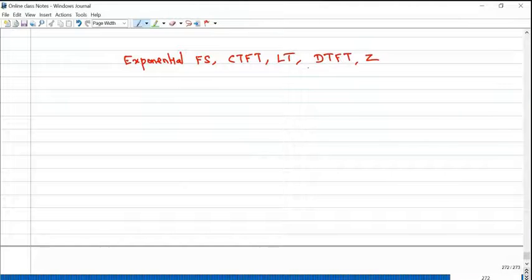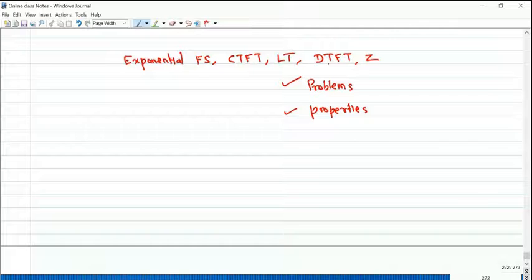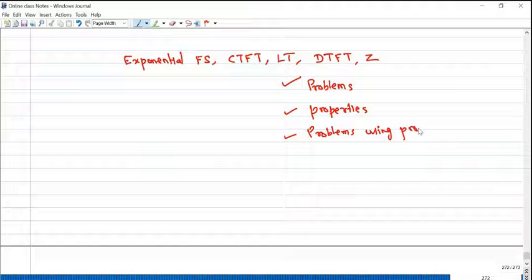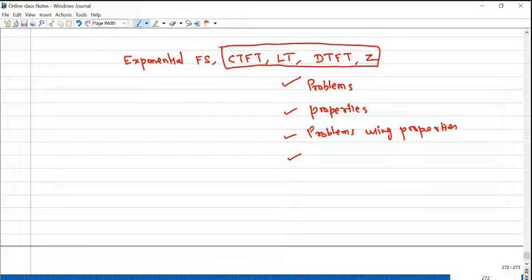All these mathematical tools, we will solve some problems using the formulas, direct problems using the formulas for Fourier series and CTFT. And next, properties of Fourier series, CTFT, LT, DTFT and Z transform. Then problems using properties, and finally for CTFT, LT, DTFT and Z transform.